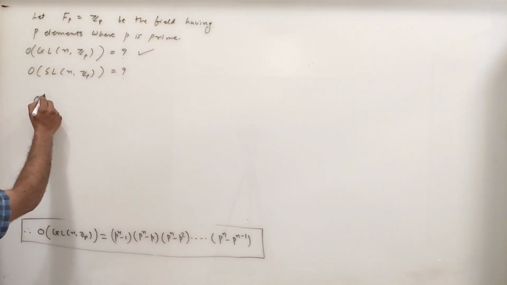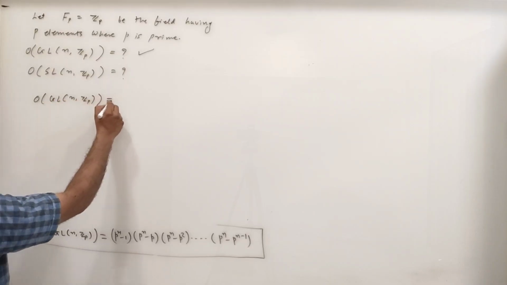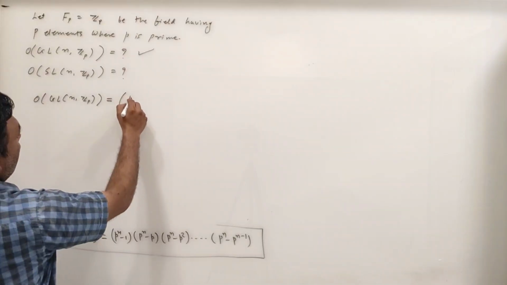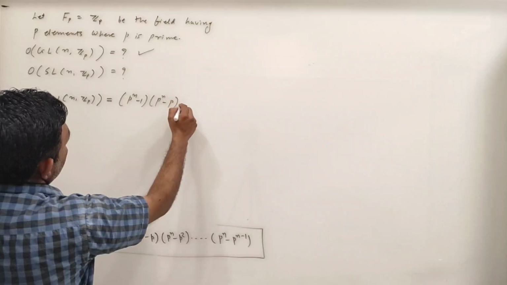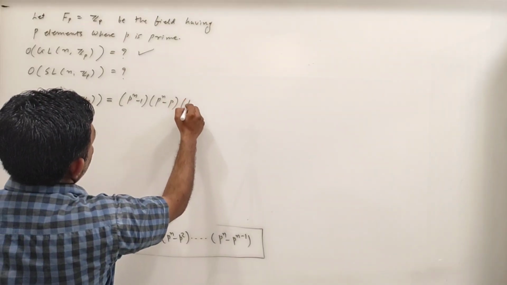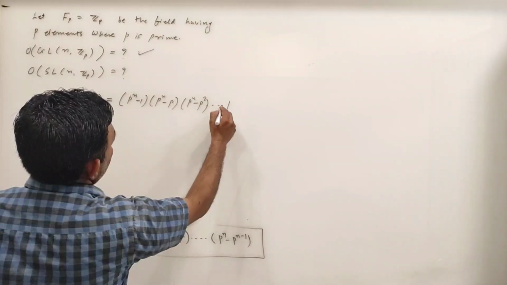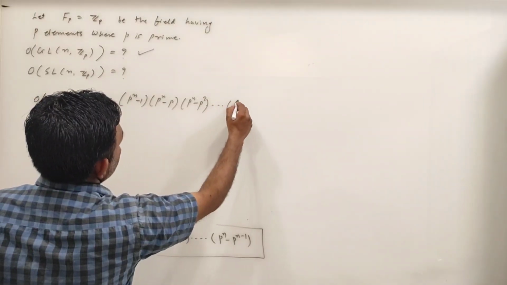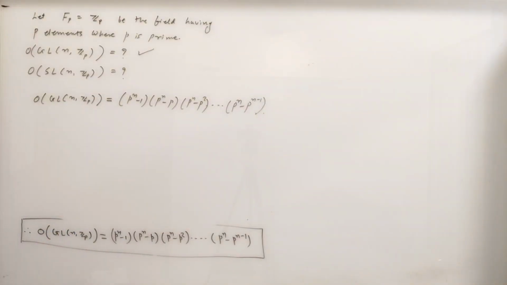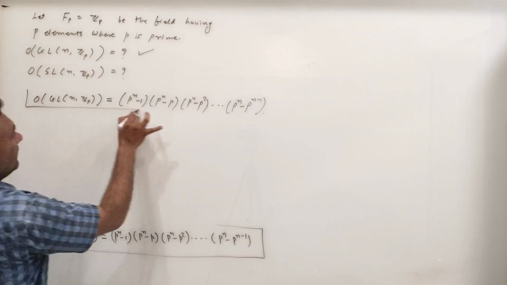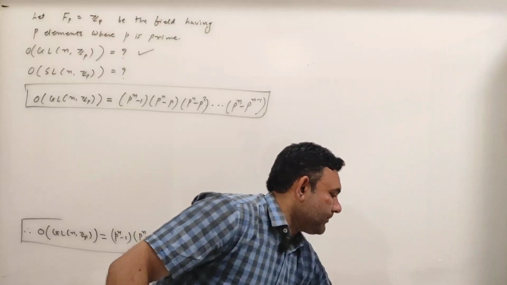We have the order of GL(n, Zp) equal to (P raised to n minus 1)(P raised to n minus P)(P raised to n minus P square), and so on, up to (P raised to n minus P raised to n minus 1). So this is the formula.